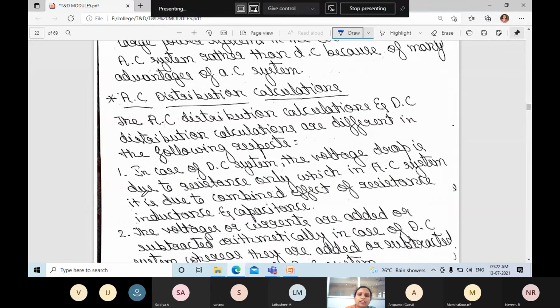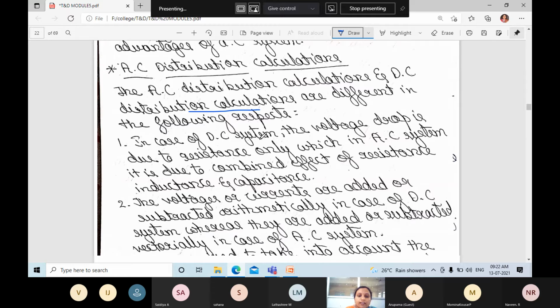Distribution calculations. AC distribution calculations and DC distribution calculations are different in the following respects. In a DC system, the voltage drop is due to resistance only, but in an AC system it is due to the combination of resistance, inductance, and capacitance.